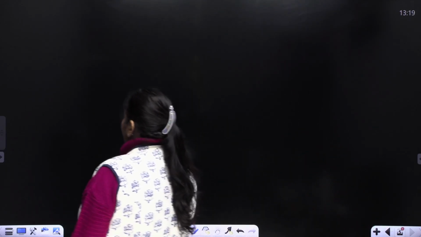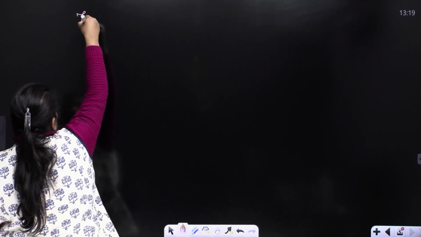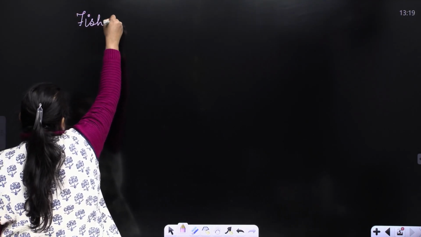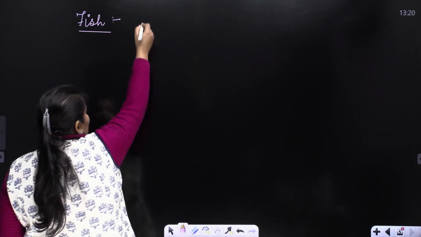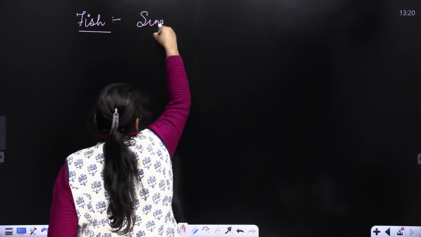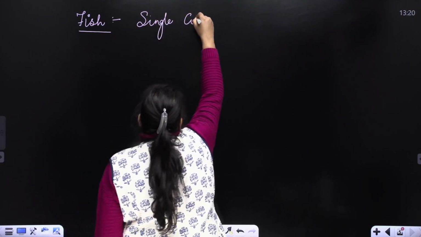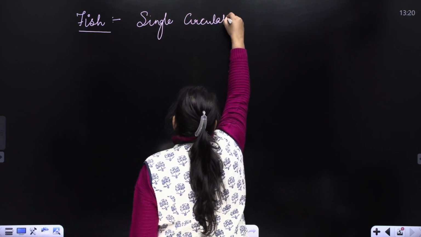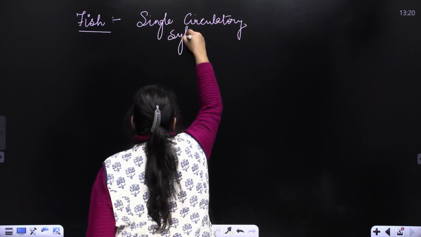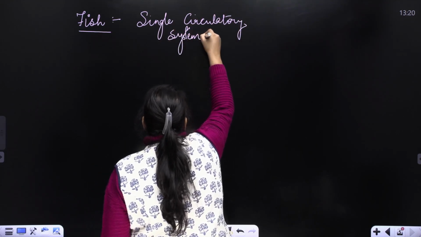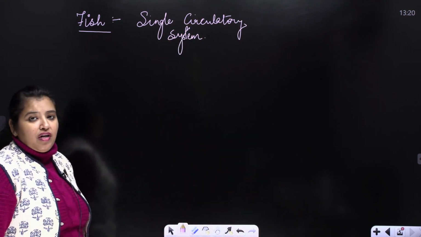So let us proceed with the circulation in the case of fish and in the case of humans. In the case of fish, we call it the single circulatory system. Why is it called single circulation?